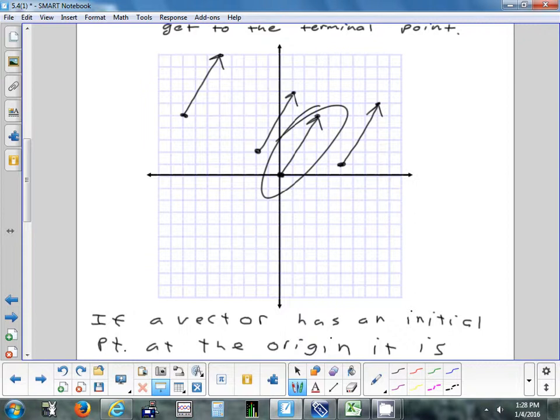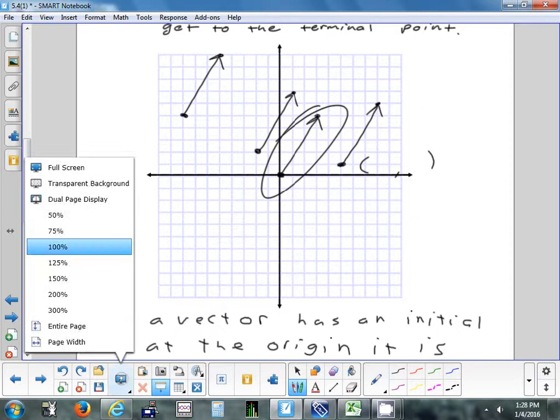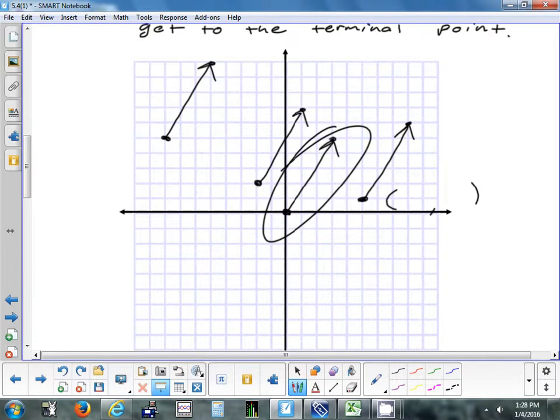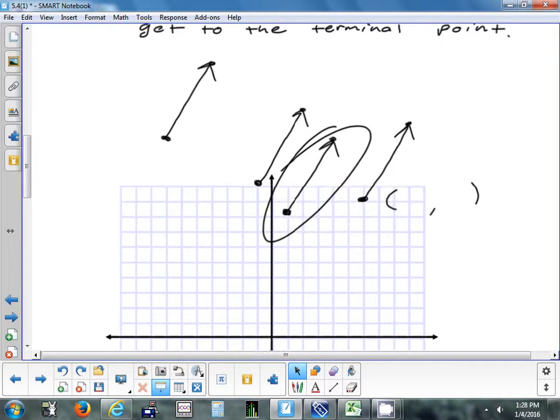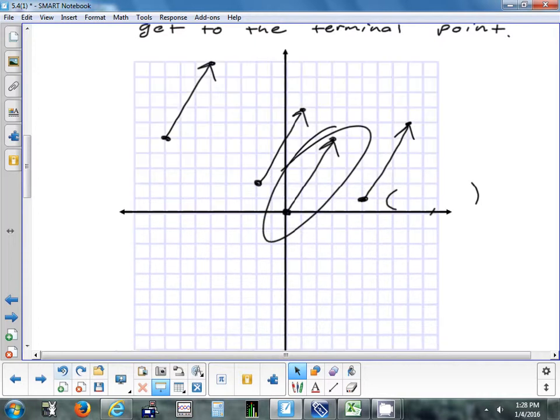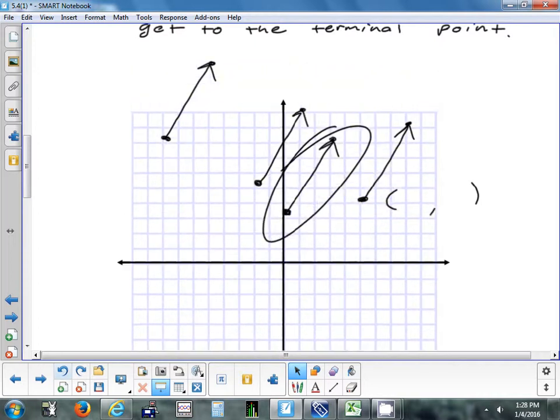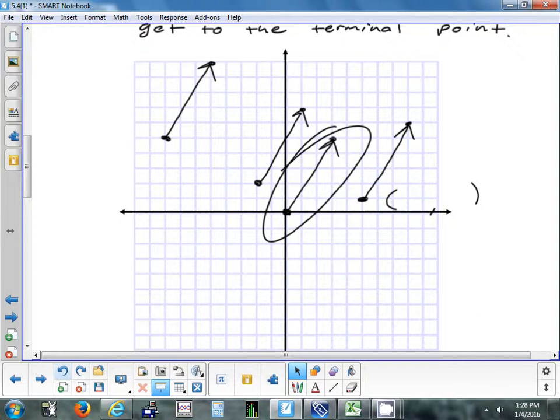But let's say all they gave you was the coordinates for where it starts. Okay, Emily, can you give me the coordinates for this vector? Just where it starts.